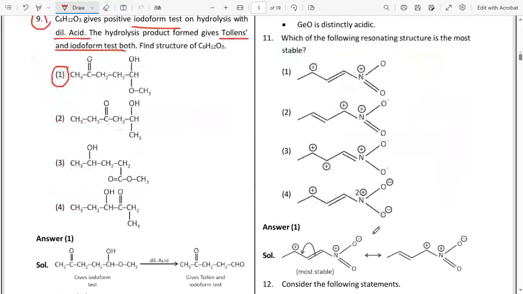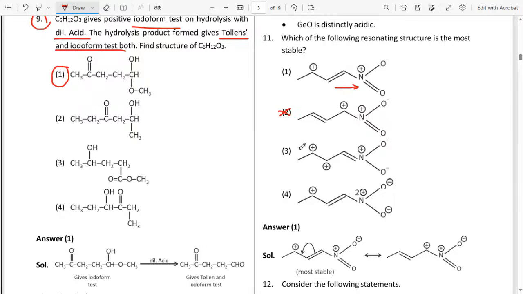Next, which of the following resonating structures is the most stable? Right, so this is an allylic carbocation. The allylic carbocation is more stable, and here the nitro group is withdrawing, and the allylic position is also there. And what about compound 2? Here it is withdrawing, so obviously it moves to this, so it is not going to stay in practice.